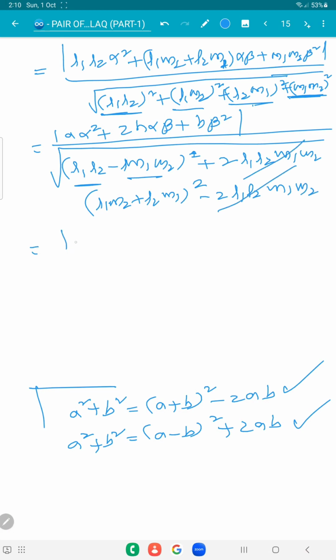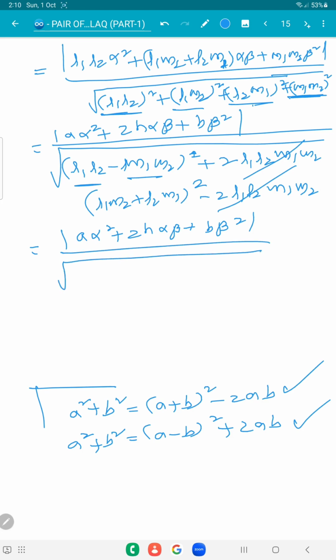So this is equal to A alpha square plus 2H alpha beta plus B beta square by root of (A minus B) whole square, L1 L2 is A, M1 M2 is B, plus this one is 2H, 2H whole square is 4H square. This is the theorem, sir.